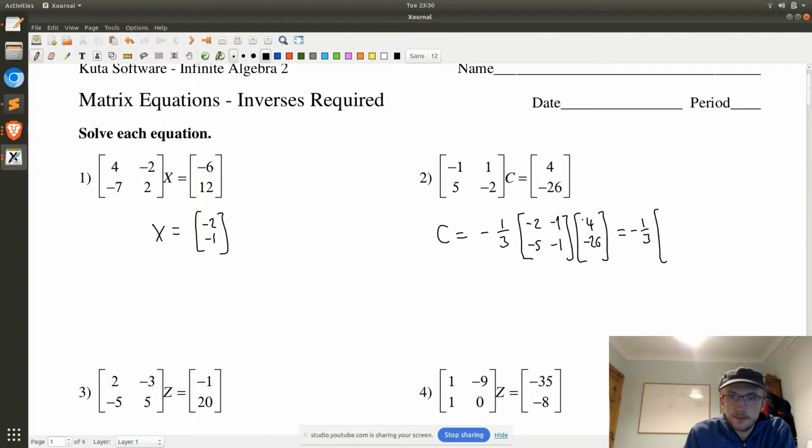So negative 8 plus 26 is 18. Negative 20 plus 26 is 6. And negative a third of that is negative 3, negative 2.